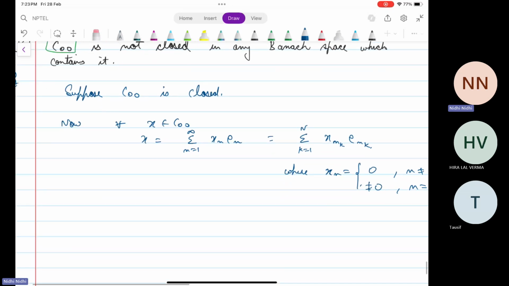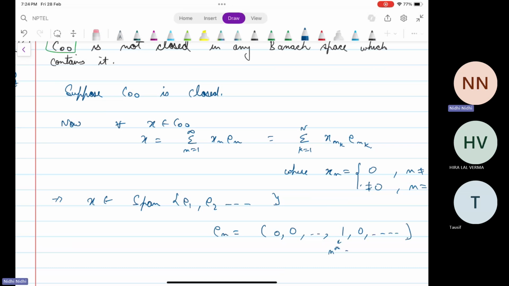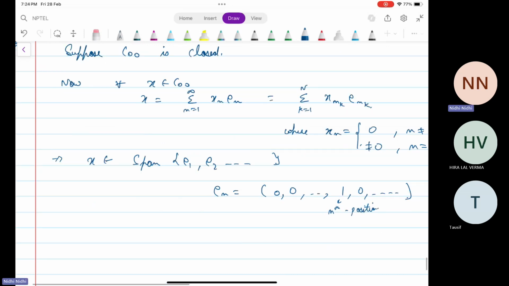So every element x belongs to span of e1, e2, and so on, where en is again the sequence which has 1 at nth position and 0 elsewhere. In fact, we know that the converse is also true.